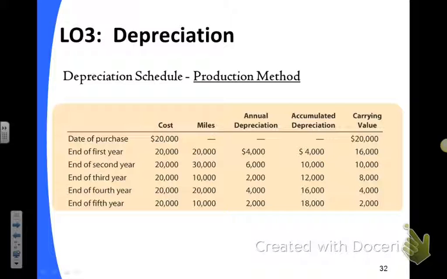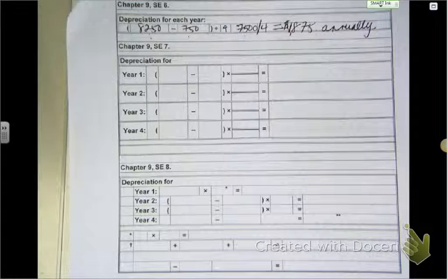All right, so let's look at a problem. Let me pause this for a moment. We're going to look at SE7 on page 430, a step machine, the same one that was purchased in SE6, and now we have a unit of useful life. We estimate that that particular step machine can be used for 8,000 hours.